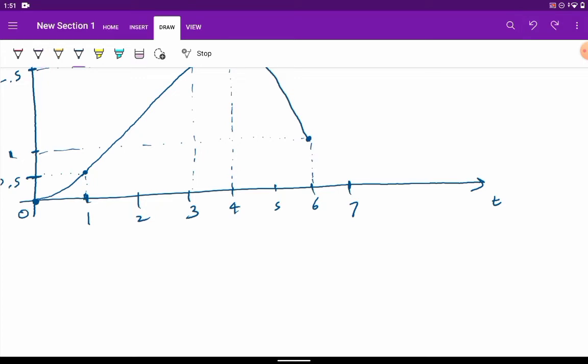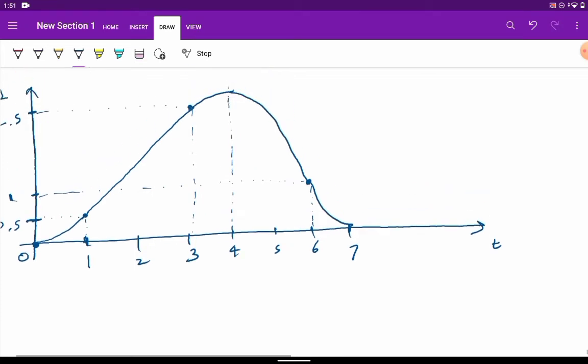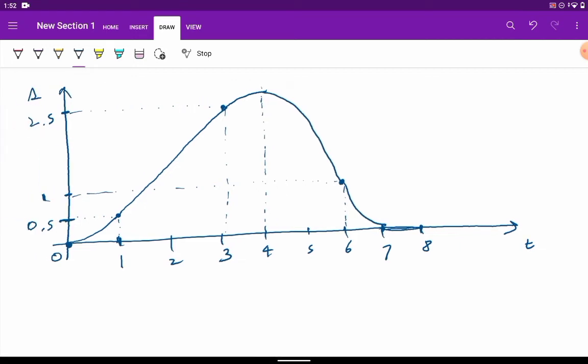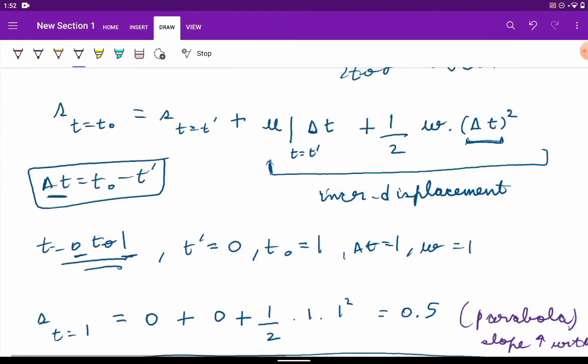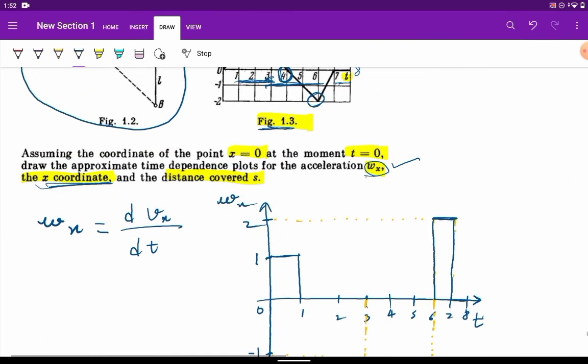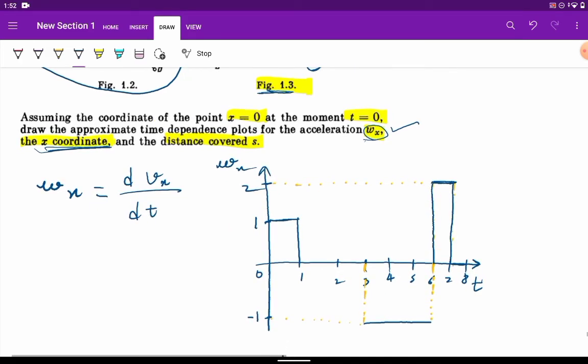So it essentially becomes something like this. And at 8 it is still 0. Okay, so this is a rough curve of the displacement versus time. Now the next part is the distance covered s with respect to time.